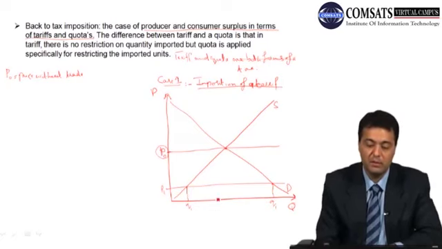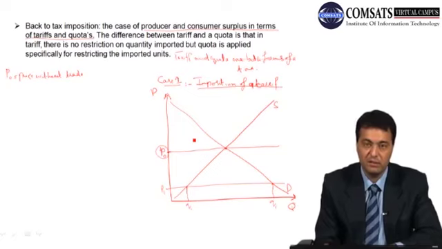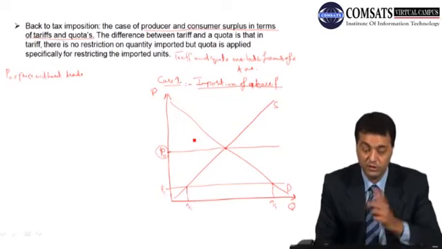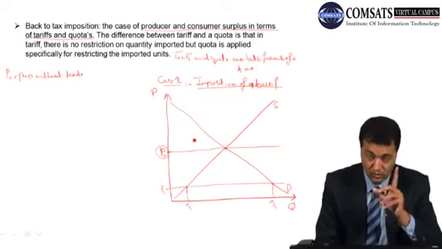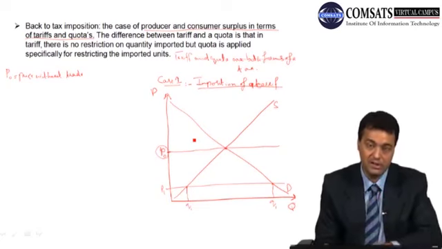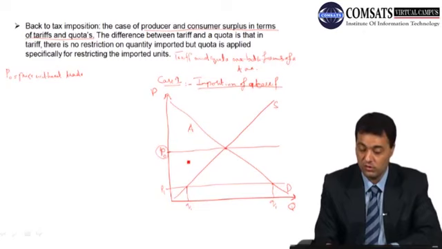Now remember what we did in the simple demand and supply analysis, if you remember this from the last lectures, not the Pareto optimality analysis, just the simple demand analysis. I told you that this area over here is the consumer surplus, and this is the producer surplus.